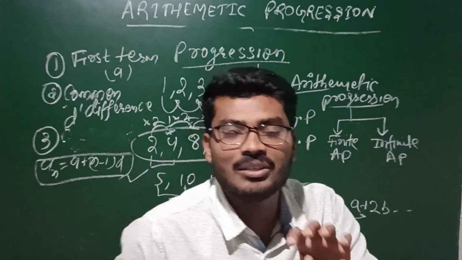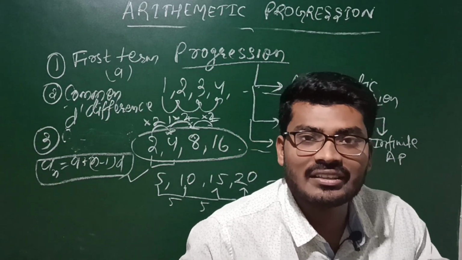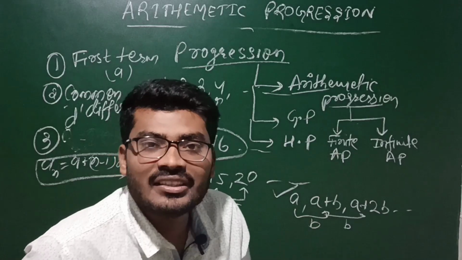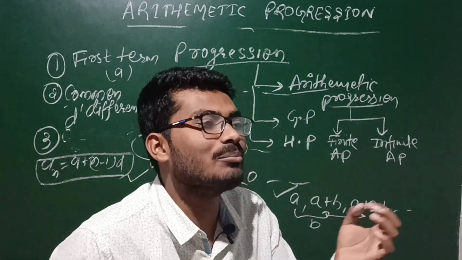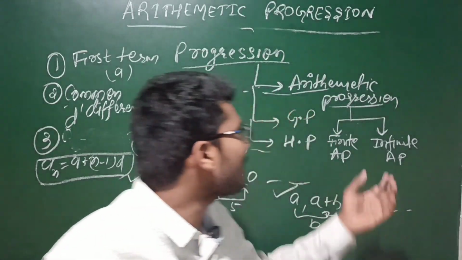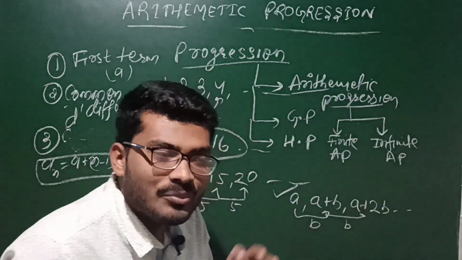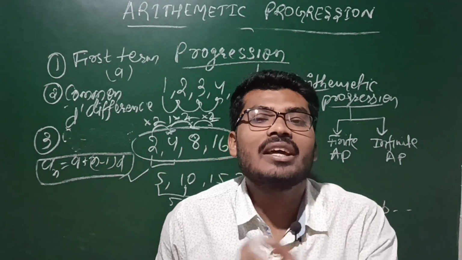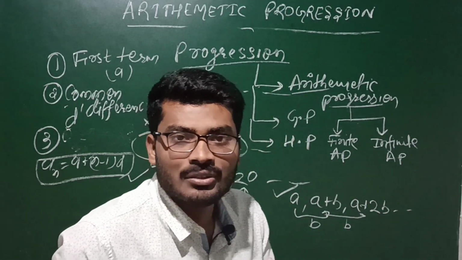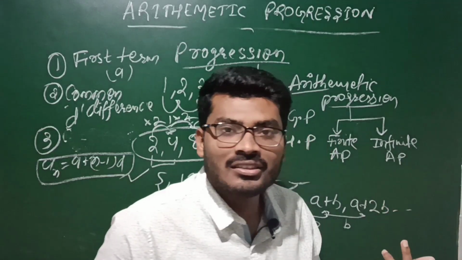We started an AP and after some terms it came to an end. We can say an AP which has a finite number of terms is known as finite arithmetic progression. The next one is infinite AP, an AP which has an infinite number of terms. We cannot find the last term of an infinite AP because it does not have any end.